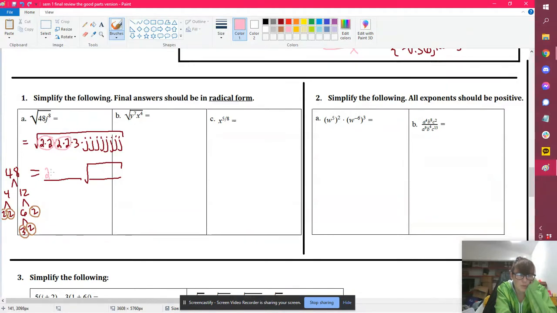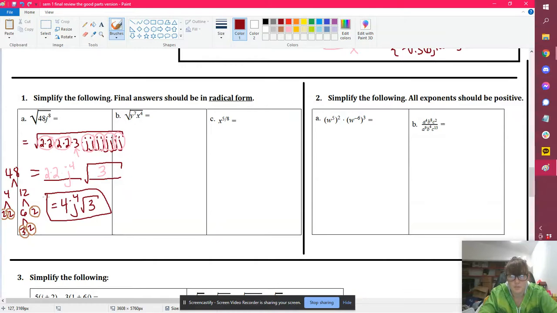Here's a pair of 2s, I'll bring it out front. Here are 4 pairs of j's. I'll bring all 4 of those pairs out front. There was a 3 left over, so the 3 gets left over. Then I'll simplify a little bit. 2 times 2 is 4. 4 pairs of j's, 3 left over.